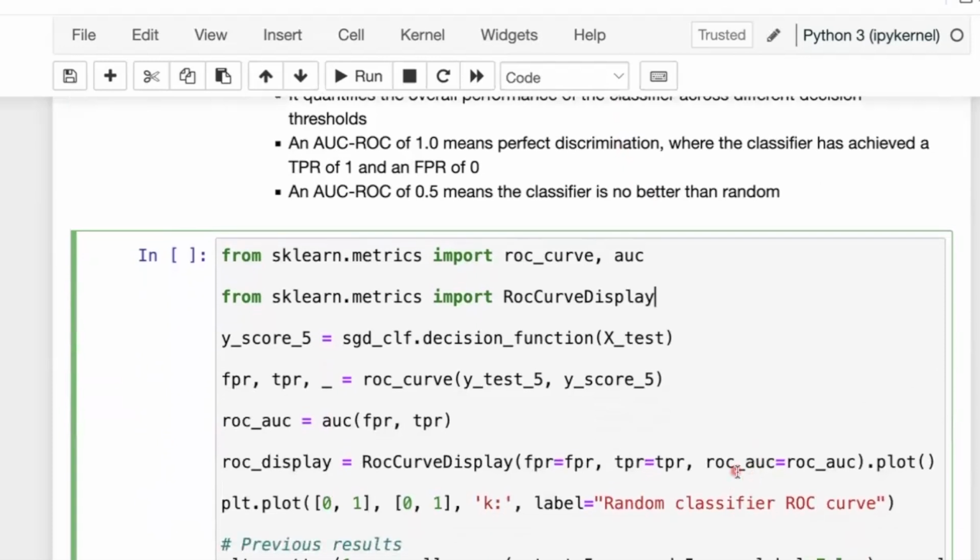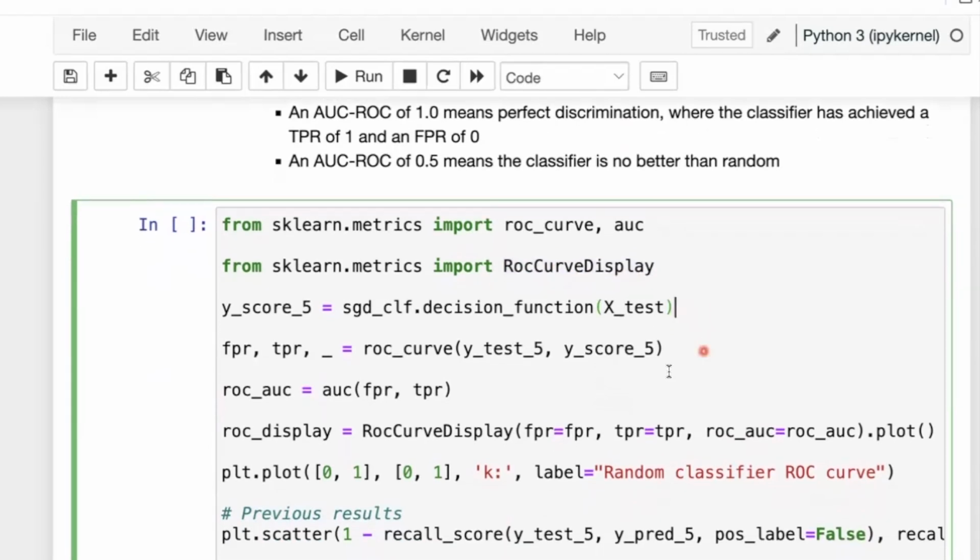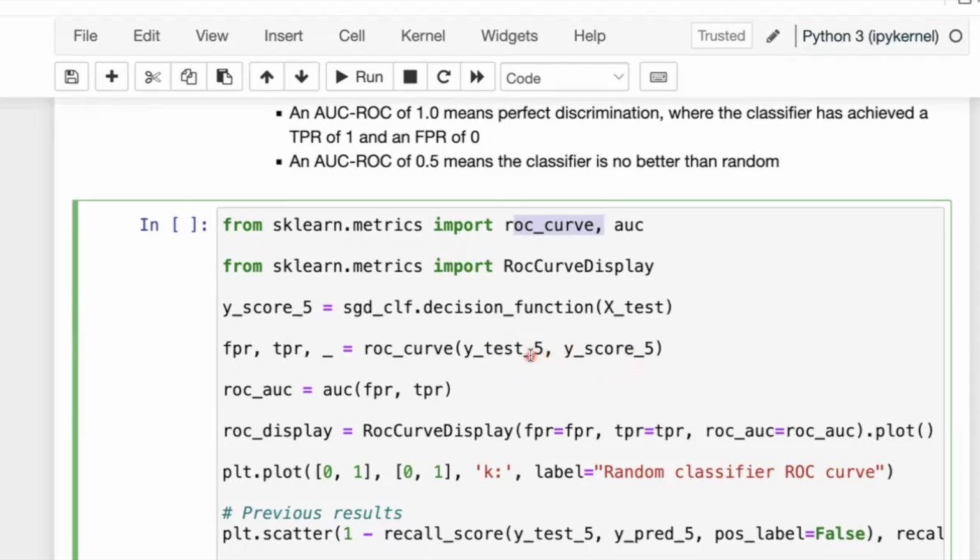And if I use scikit-learn to plot this, you can see that this is very much like other things. You import ROC curve display. And for your ROC curve display, you need the false positive rate and true positive rate. In order to find these, you can use ROC curve from scikit-learn, and you provide the true outputs for your testing data and the scores that we get.